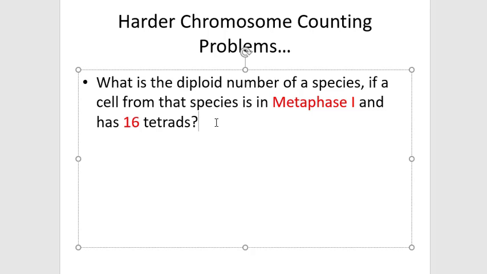What you're going to do with this is you need to think about, okay, metaphase 1. What's the form of the chromosomes and what's the ploidy of the cell? Well, the form of the chromosomes in metaphase 1 is still dyad. So dyad chromosomes, and you have a diploid cell.